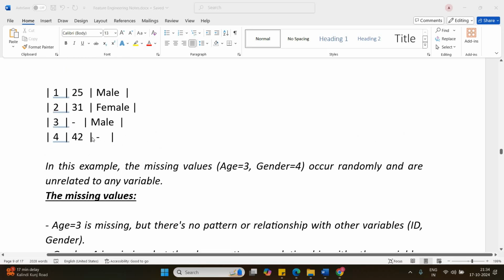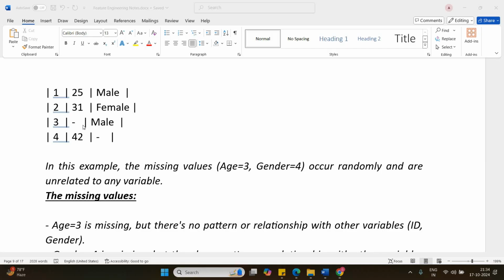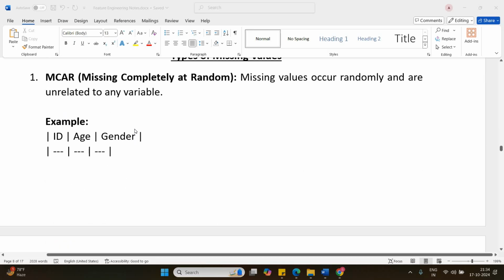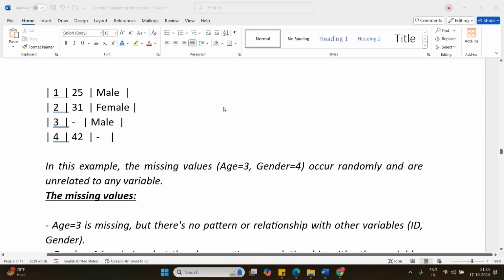You cannot infer from here that only the females are hiding their age or the males are hiding their age. There is no relation you can find among the different features. Where the values are randomly missing, that is known as missing completely at random.